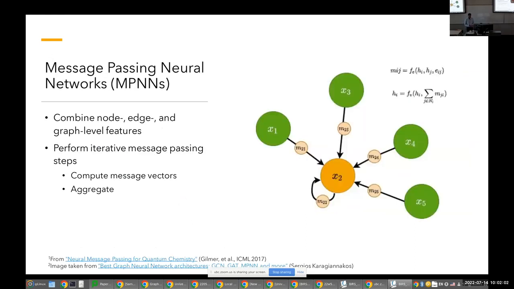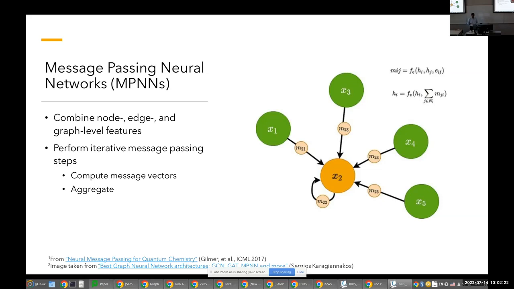That inspires the model in which we operate, which is the familiar message passing neural network. In a nutshell, this combines node-level features as well as edge-level features, and each step has an iterative message passing rule.